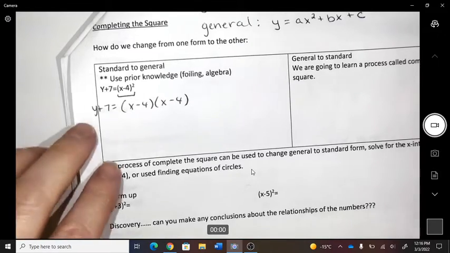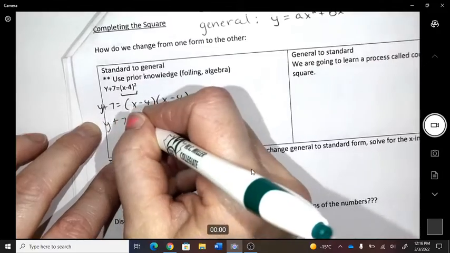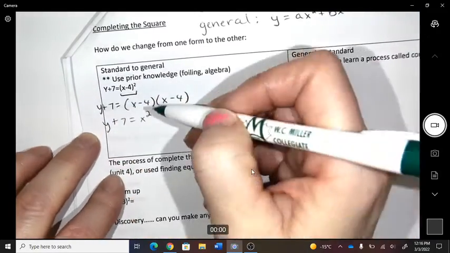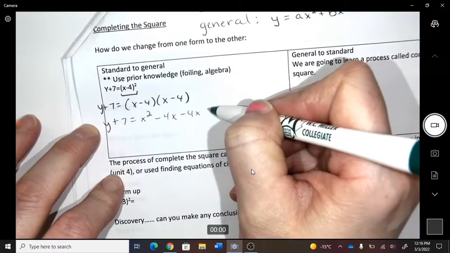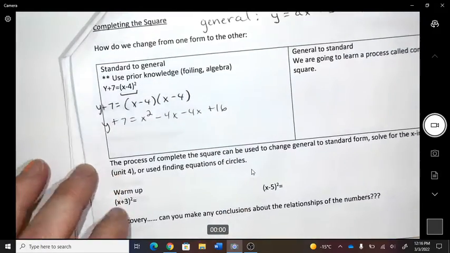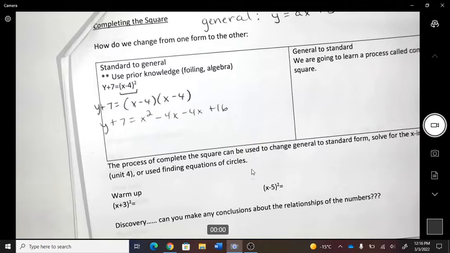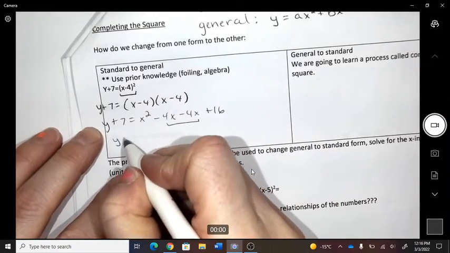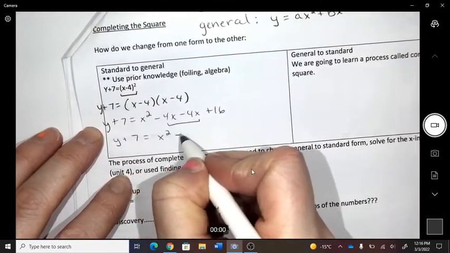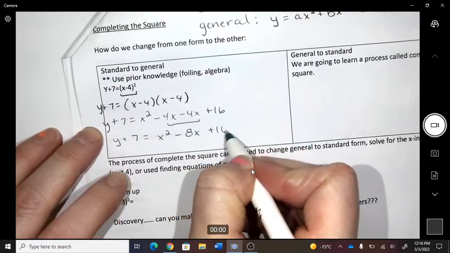Okay, so did you get x squared minus 4x minus 4x and a plus 16? Does that seem right? Outs, ins, last? Okay, and then you could put these together. So minus 8x.